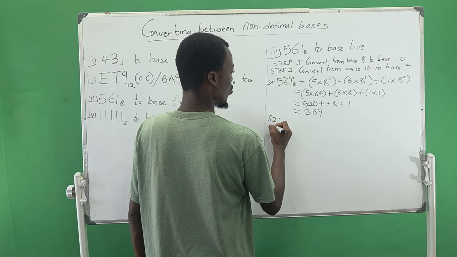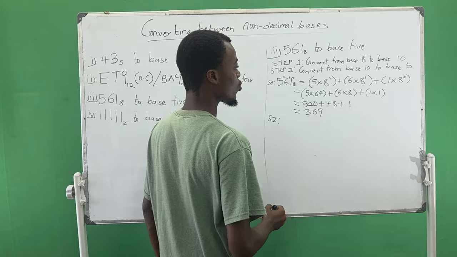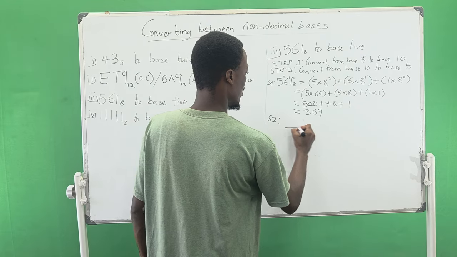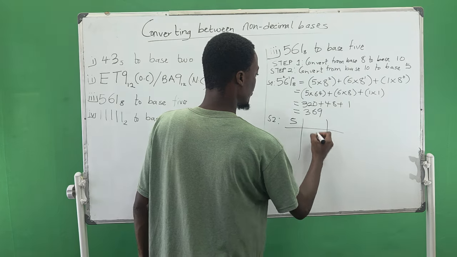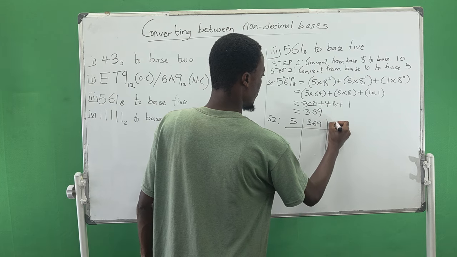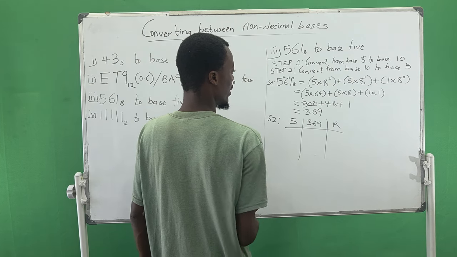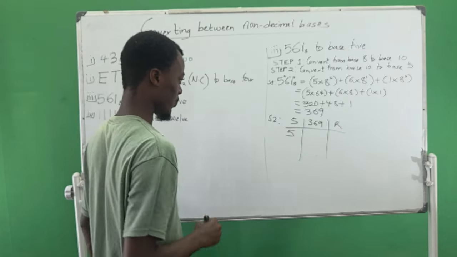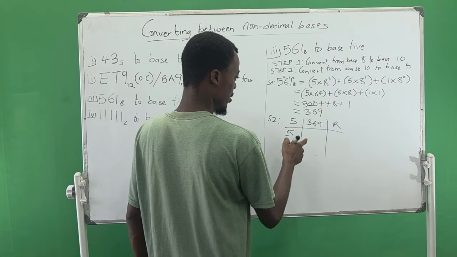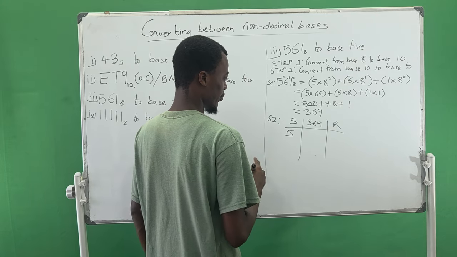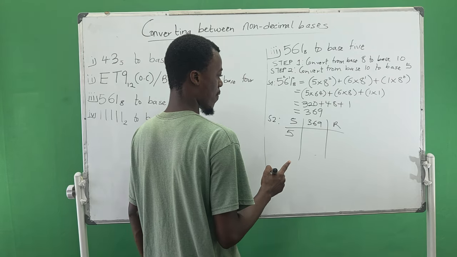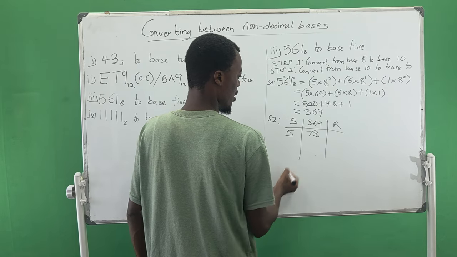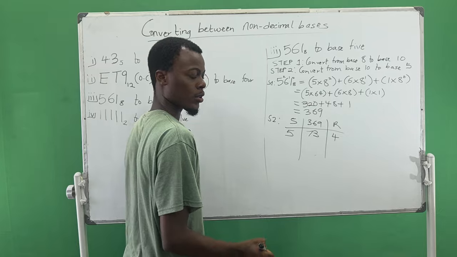Now step 2. Step 2 is to convert from base 10 to base 5. So now you have 5, 369, and a remainder. So here, 5 goes into 369, 73 times, remainder 4.